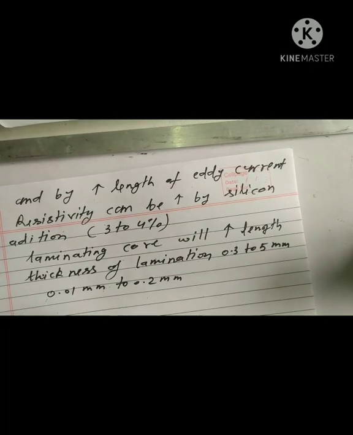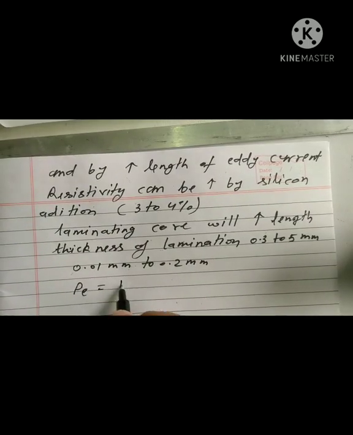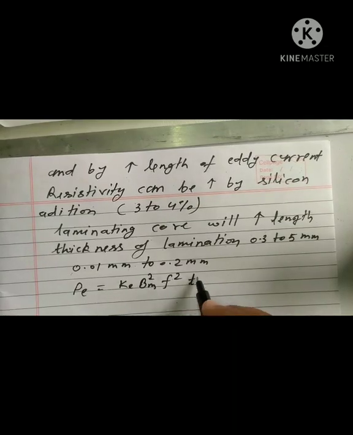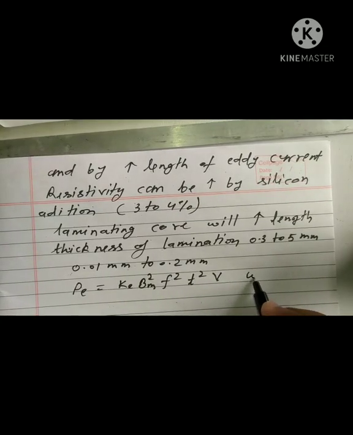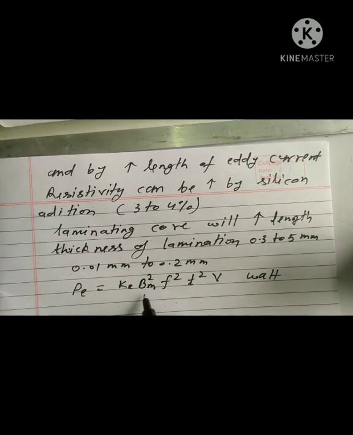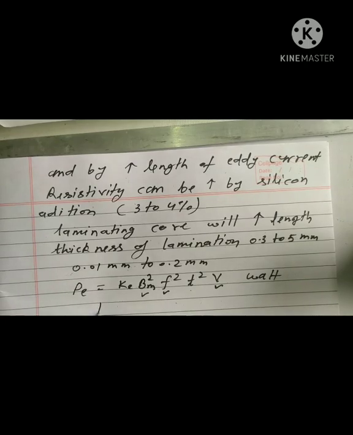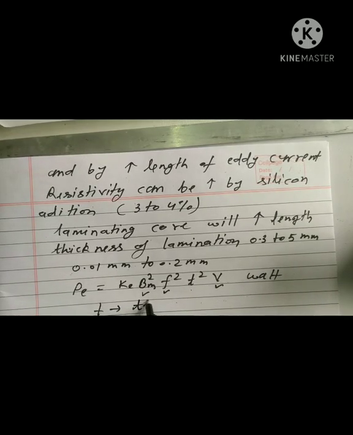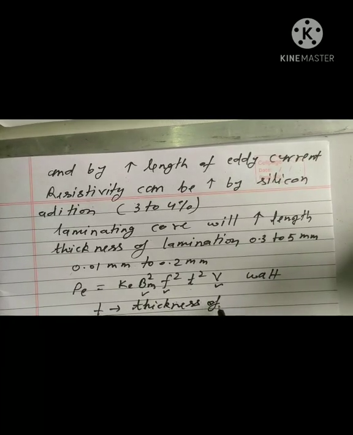Right. Eddy current loss is given by PE equal to KE Bm square F square T square V watt, where Bm is same, that is flux density, F is supply frequency, V is volume of core, T is thickness of lamination.